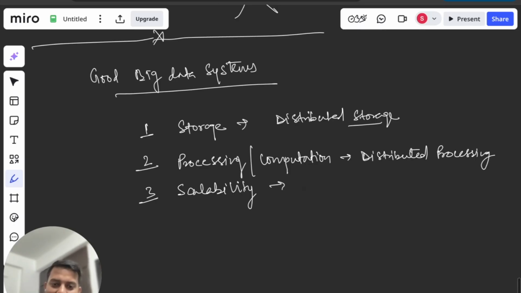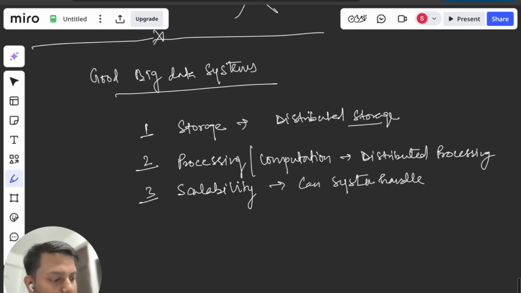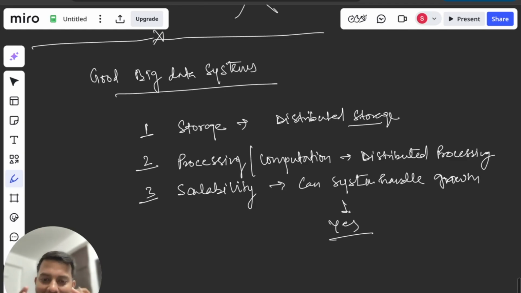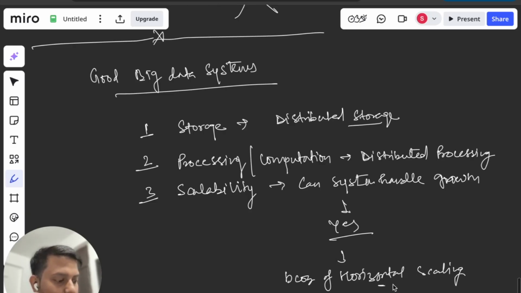Yes, because distributed systems support horizontal scaling.